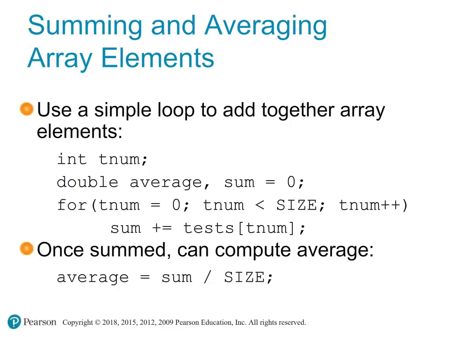Note that we use double for sum and average to accommodate potential decimal values, even if the array elements are integers. This is especially important for calculating the average, which may not be an integer even if the elements are. So calculating the sum and the average of an array is easy using a simple loop for summing elements and a single line of code for averaging.